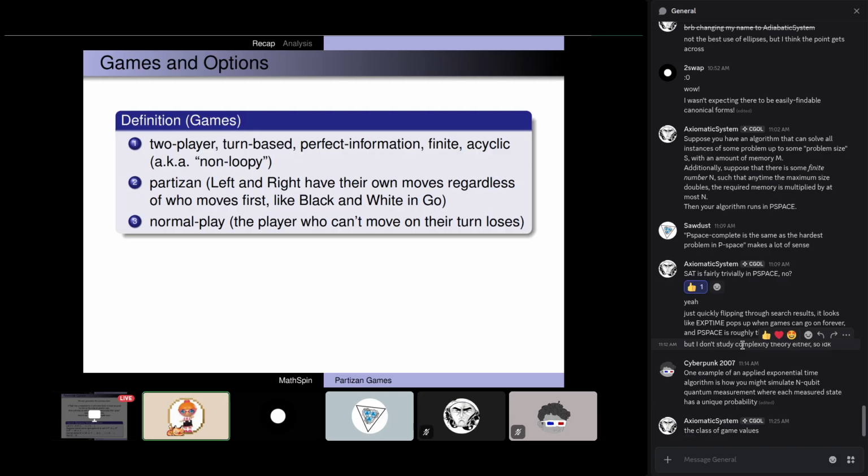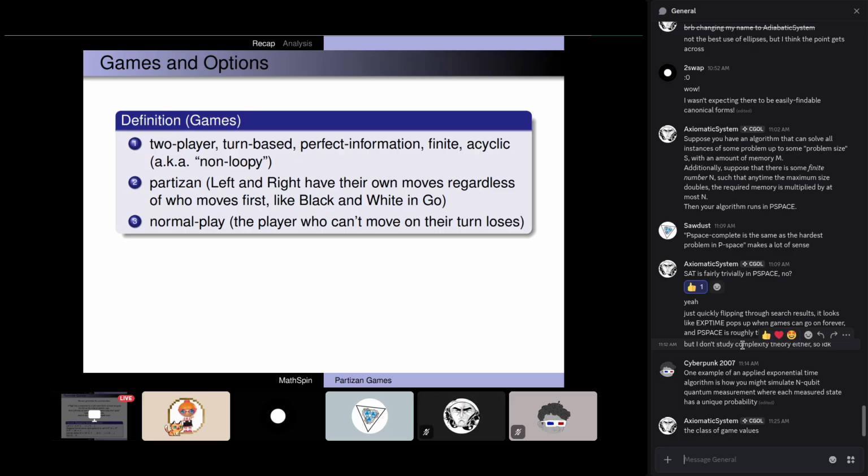Yeah, game value. The word value here usually means equivalence class under equals. So star plus star equals 0, and so star plus star has the same game value as 0, even though they're not identical game trees. But the finite game values, or the finite partisan game values under normal play, or some phrase like that.